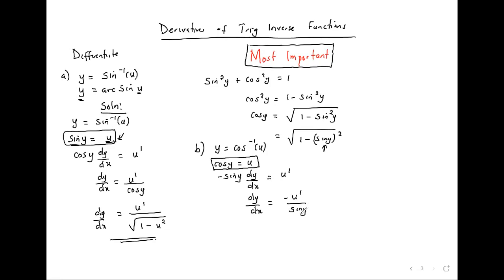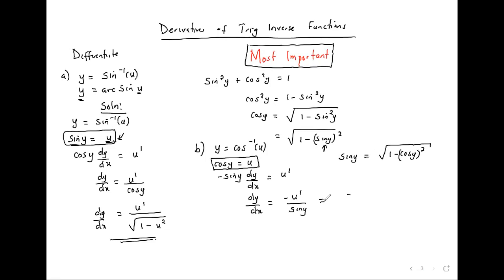So here you get sine y is equal to the square root of 1 minus cos y squared.